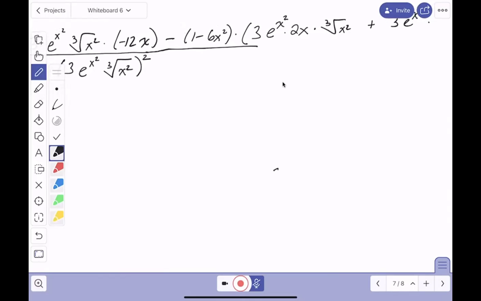I'll write this down for you. It's x to the 2/3. Its derivative, 2/3, x to the minus 1/3. What's that going to be? 2 over 3 cube root of x.